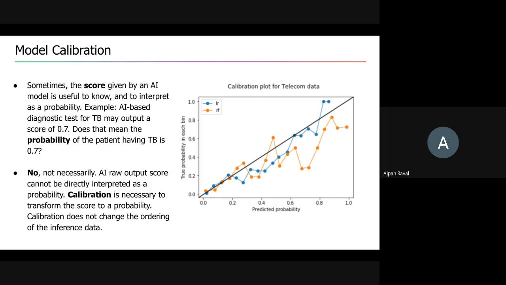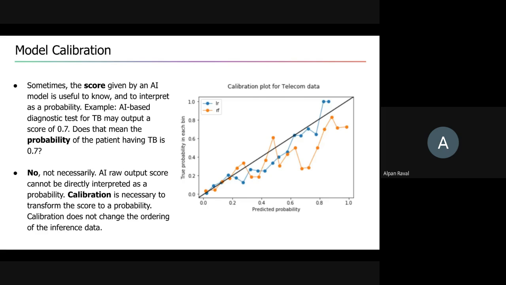So it can have a useful interpretation. Now it turns out that in most AI models, a risk score of 0.65 doesn't mean that you have a 65% probability of getting the disease. It just means that you have a higher risk than somebody with a risk score of 0.5 or 0.58, and a lower risk than somebody with a risk score of 0.8. The number by itself doesn't really map to a probability as it stands.